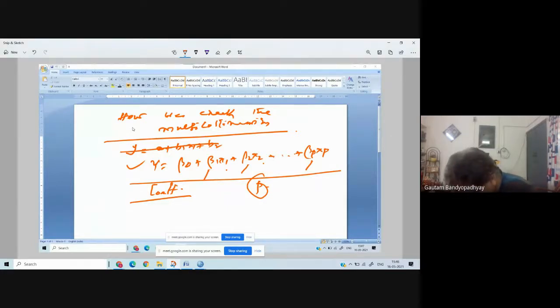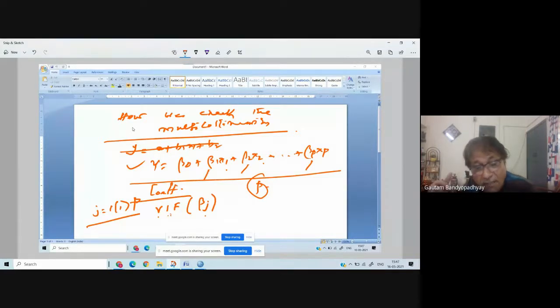So we are calculating the VIF, variance inflation factor, of beta j, that is for the jth variable coefficient. Naturally, j runs from 1 to p, as there are p predictor variables. If j equals 1, we are finding the VIF of the x1 variable. So that is the formula.